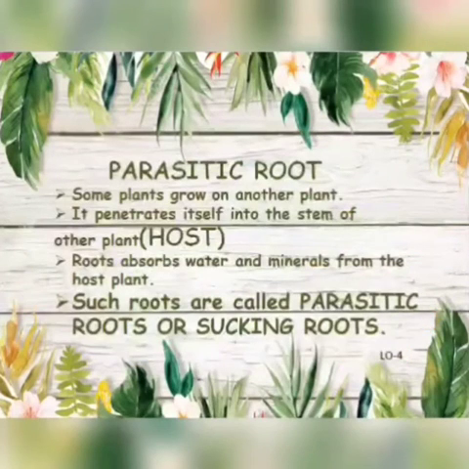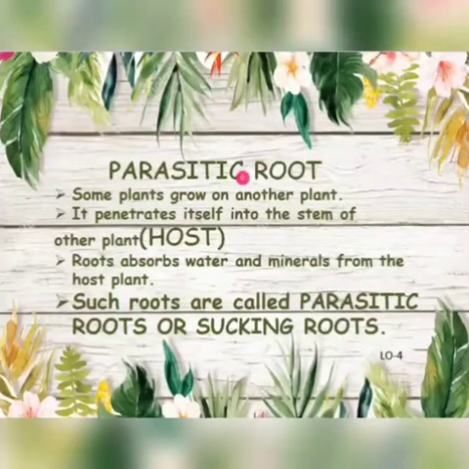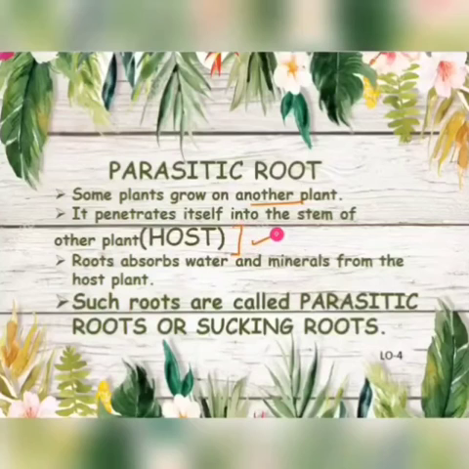Let's study the characters in detail. Parasitic roots: some plants like dodder, I have already mentioned the name, grow on another plant. The plant on which it grows is called the host, and its roots go deeper inside the host plant and absorb water and minerals from it.